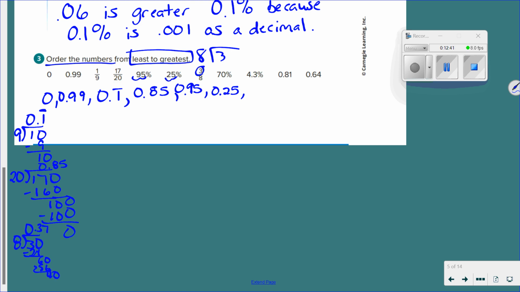Leaves 4. Add a 0 into 40. 5. And that gives me my 0. So this is 375 thousandths. Then I have a percent, so I move it twice to the left and I get 70 hundredths. Twice to the left and I get 43 thousandths. And the last two are already done for me.